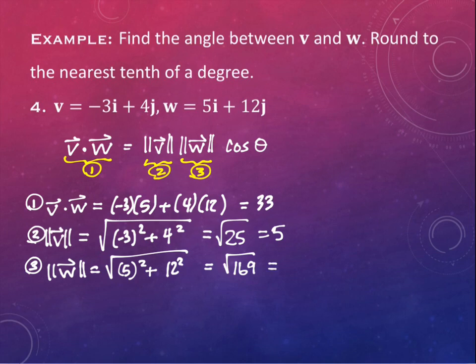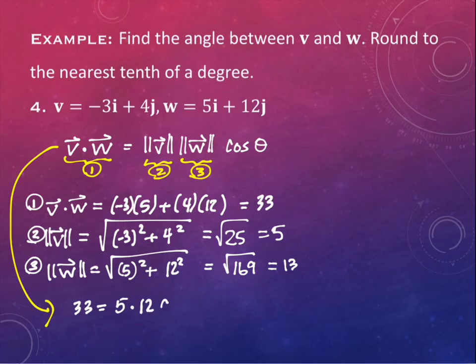They're not always going to be. What's the square root of 169? It's 13. So these are the three pieces. Now I'm going to go back to this formula and put them in the right places. So this is going to be 33 on the left equals 5 times 13 cosine of theta.